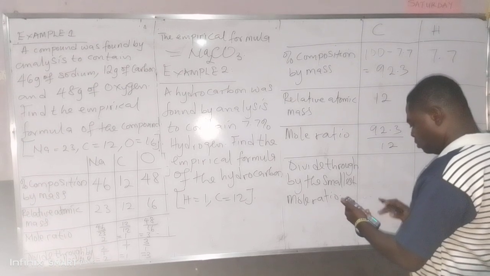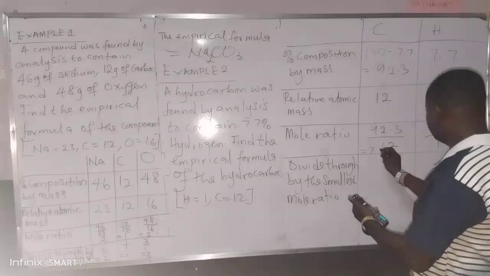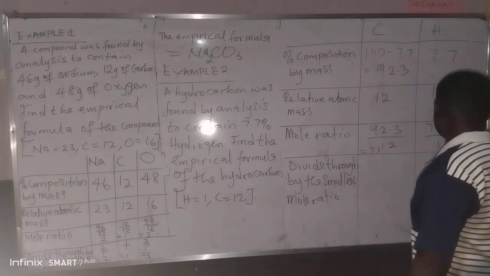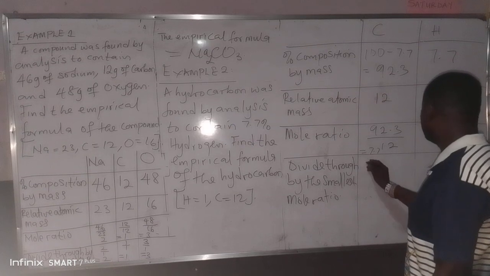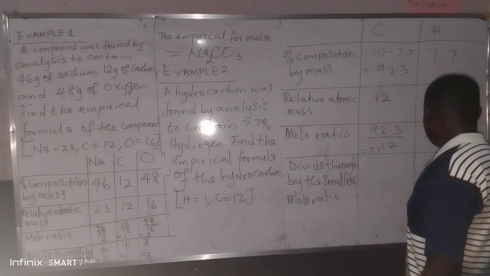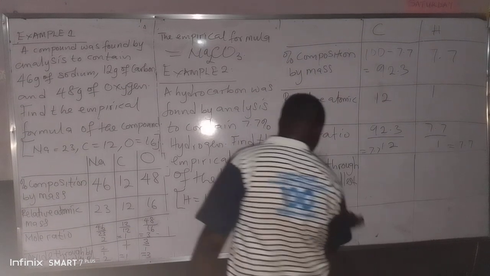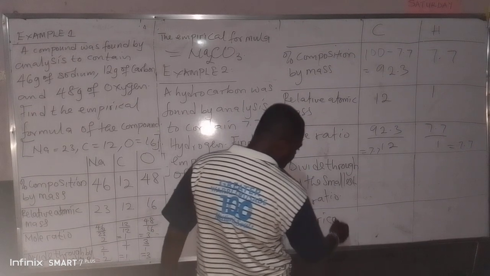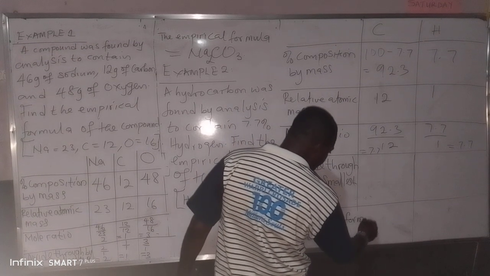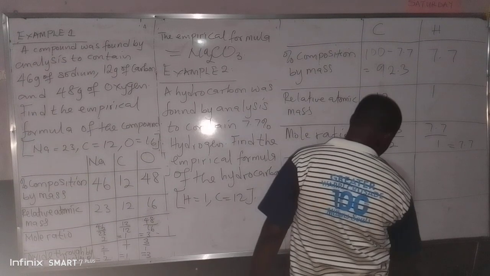Over 12 should give me 7.7, and this one is also 7.7.